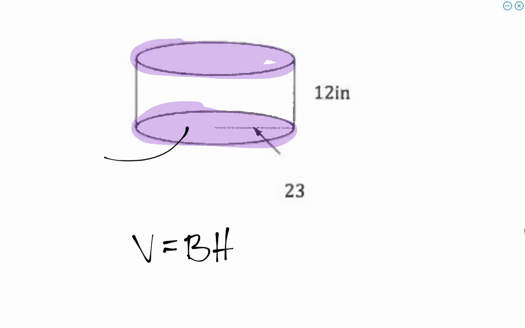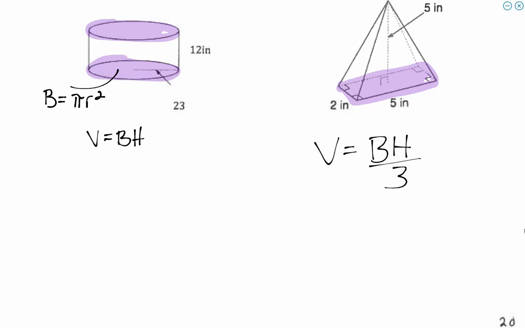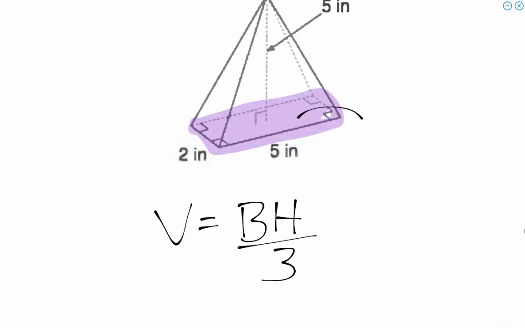Since it's a circle, base is going to be pi r squared. Since it's a rectangle, base is going to equal length times width. So that's the second step in my thought process. What is the shape of that shaded base?